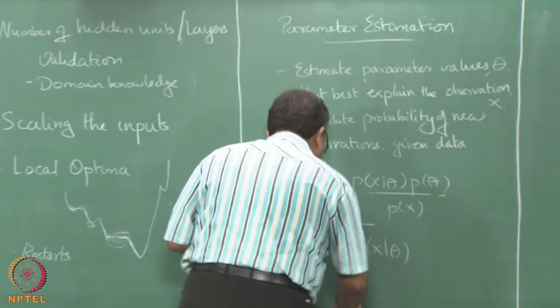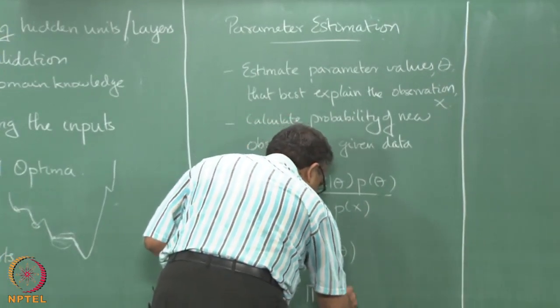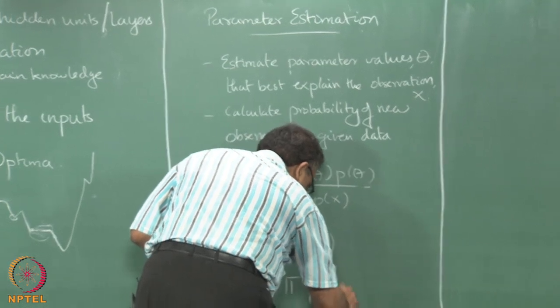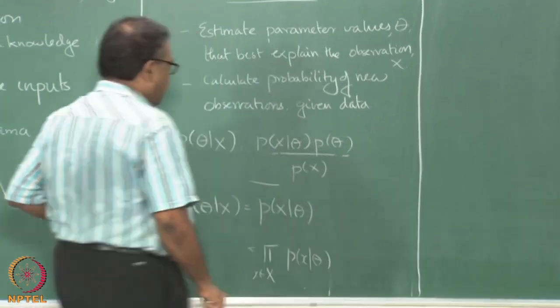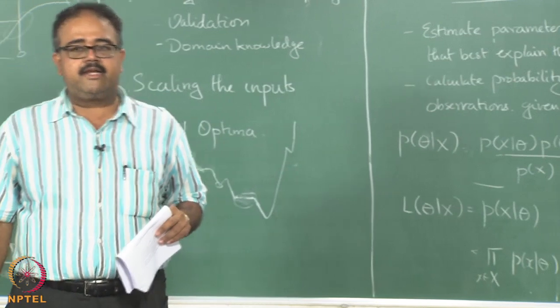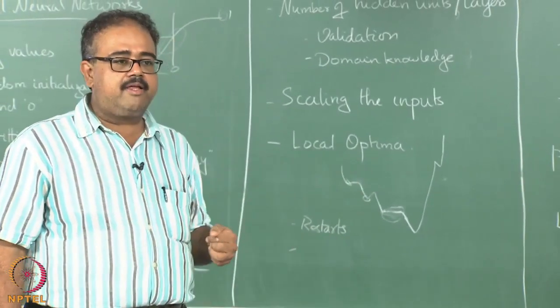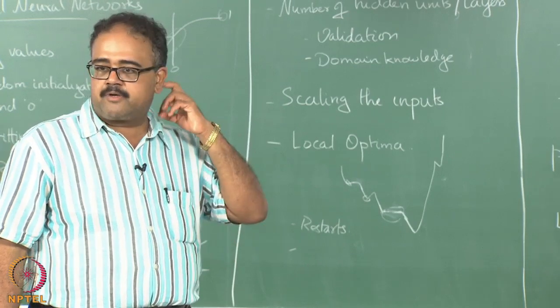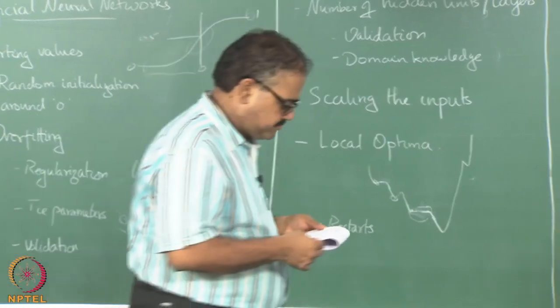So if I make an assumption that all my data samples are generated independently, I might as well write my likelihood as a product of the individual probabilities.